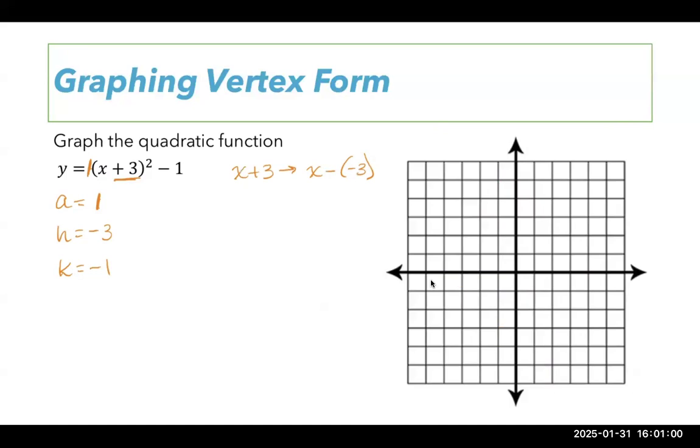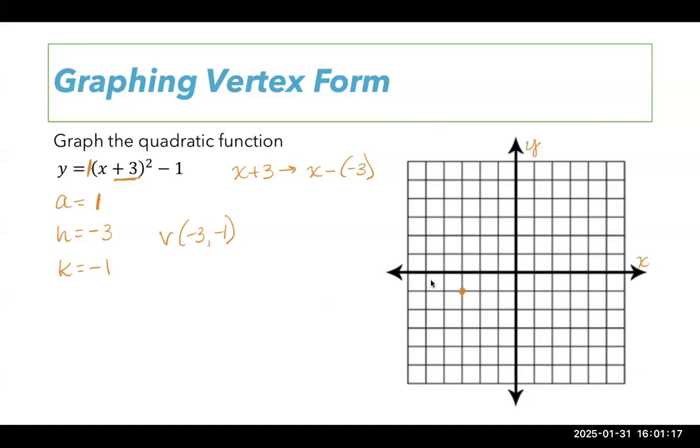And then you would go through the same process that we did before. We would have our vertex at the point negative 3, negative 1. So that would be right here if we use a scale of 1 for the moment.